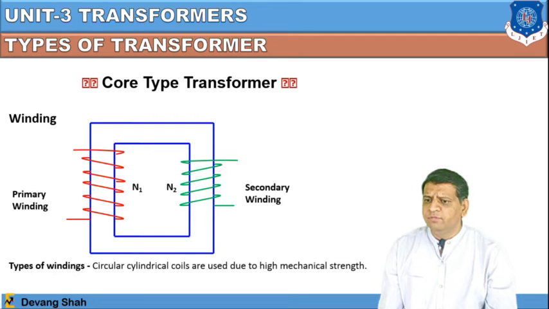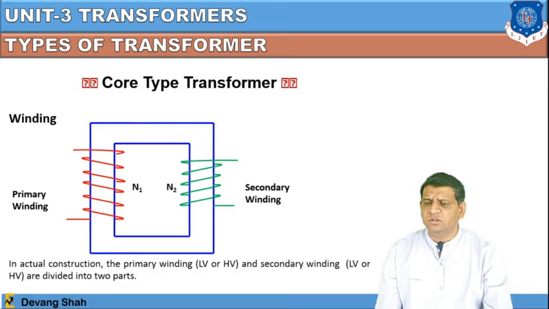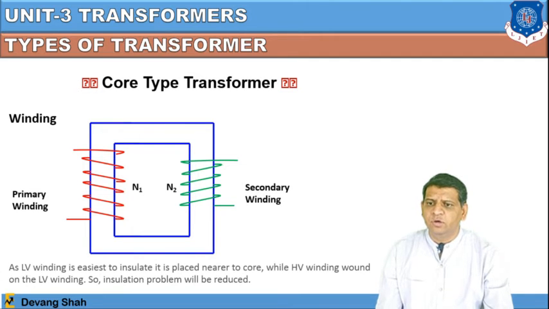If we discuss further, the shape of the winding is a circular cylindrical coil, used due to its high mechanical strength. In actual construction, the primary winding may be low voltage or high voltage, and the secondary winding is also available as low voltage or high voltage, right? In the real case, the low voltage winding is easiest to insulate, so it is placed near the core, while the high voltage winding is wound over the low voltage winding, so the insulation problem is reduced.